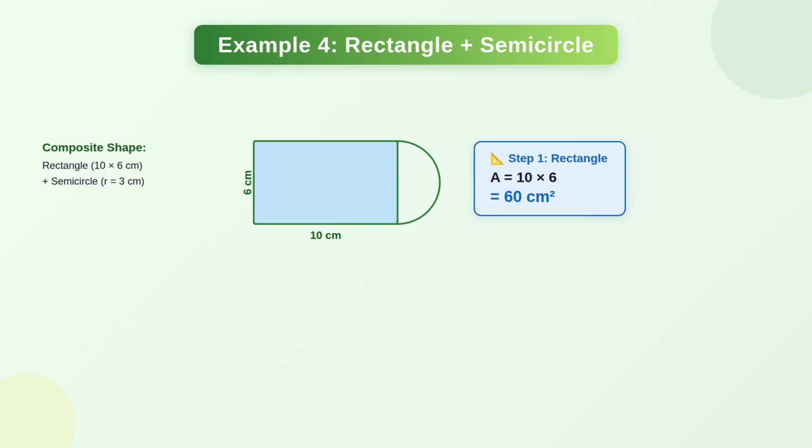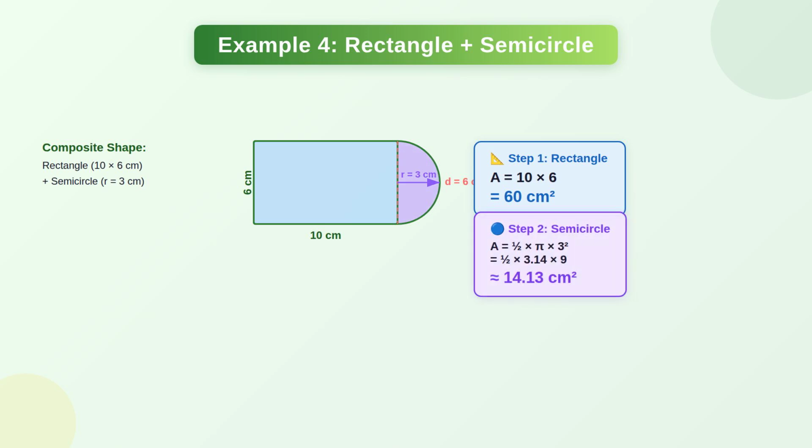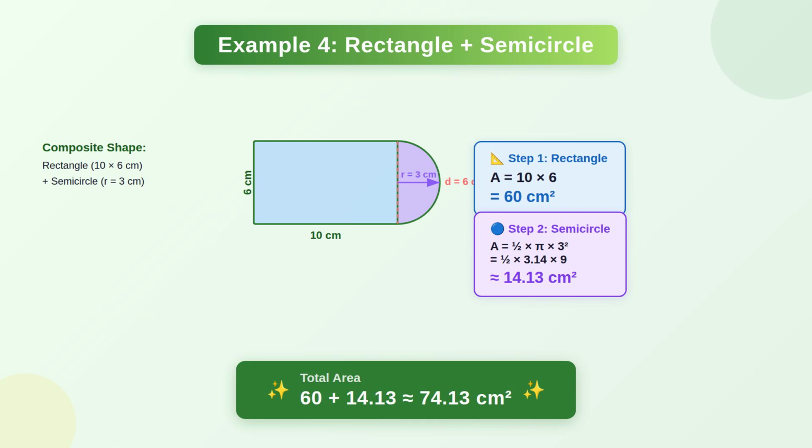One more combo, a rectangle with a semicircle attached to one end, like a running track or a window shape. The rectangle is 10 centimeters long and 6 centimeters wide. Area of rectangle, 10 times 6 equals 60 square centimeters. The semicircle attaches to the 6 centimeter end, so its diameter is 6 centimeters, making the radius 3 centimeters.